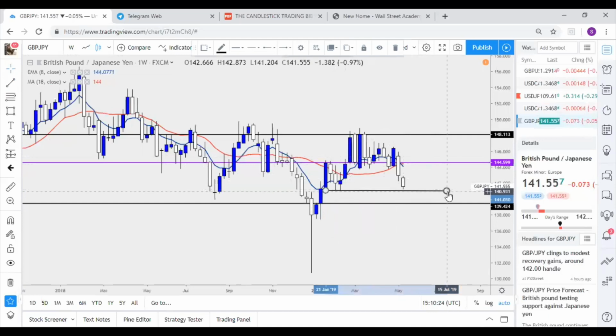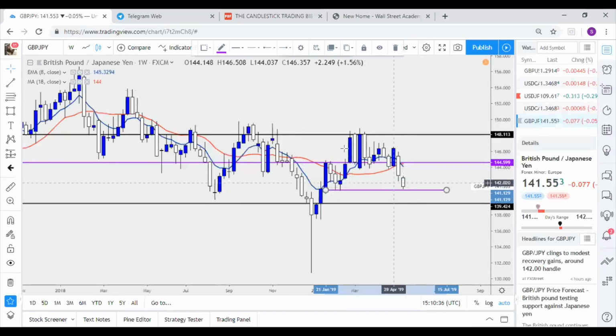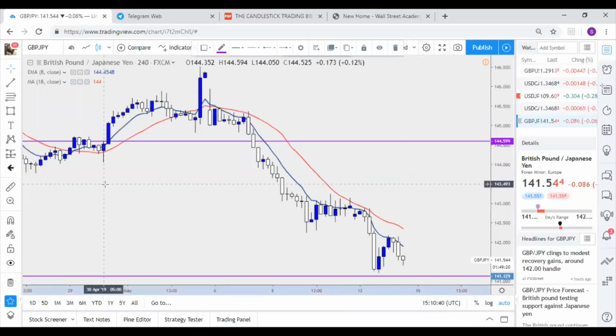The market's either going to bounce off of it or it's going to break it. But being on the weekly time frame, you can see that the candle we're currently in is bouncing off of it. So I'm going to drop to the lower time frame to show you what it's doing. The market came down.